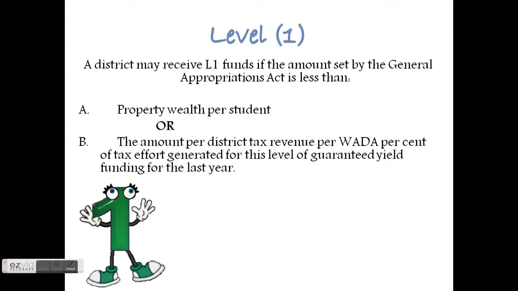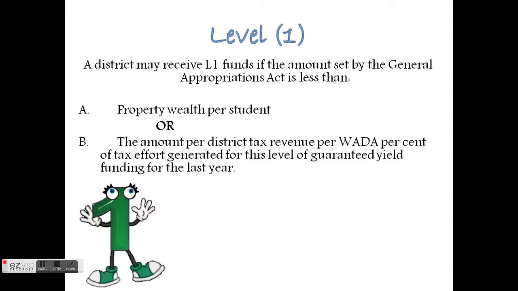Level 1: A district may receive Level 1 funds if the amount set by the General Appropriations Act is less than property wealth per student or the amount per district tax revenue per weighted average daily attendance per cent of tax effort generated for this level of guaranteed yield funding for the last year.